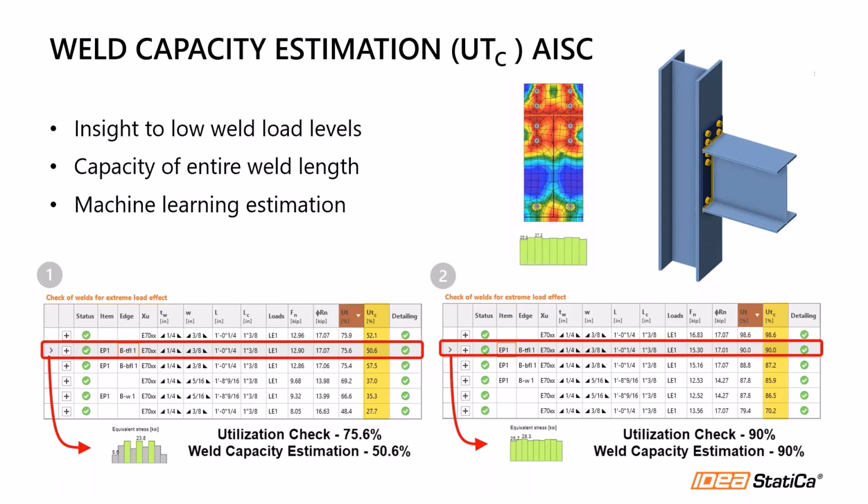In order to obtain these types of results, a machine learning model was used along with some convolution filters to obtain the information about the stress distribution on many different sample models. These results then served as an input to a neural network that our developers use to predict the weld capacity.